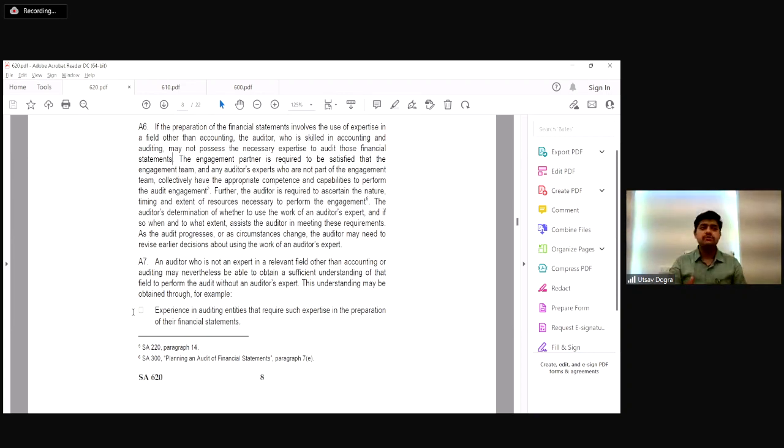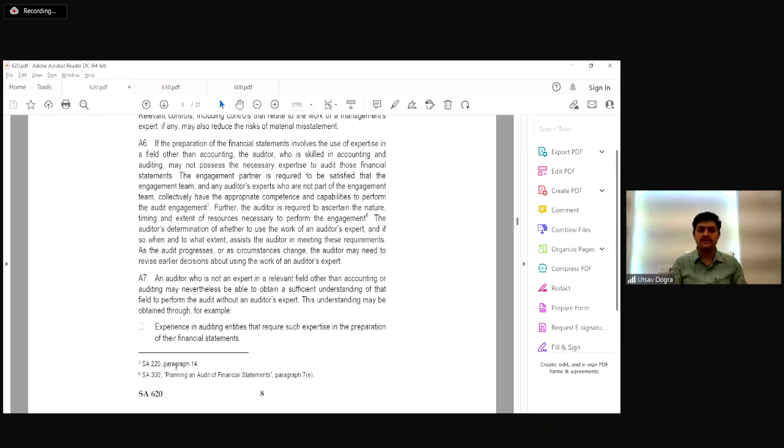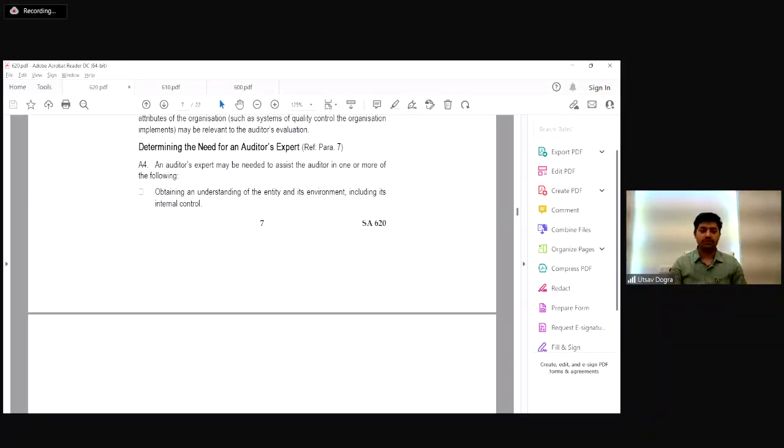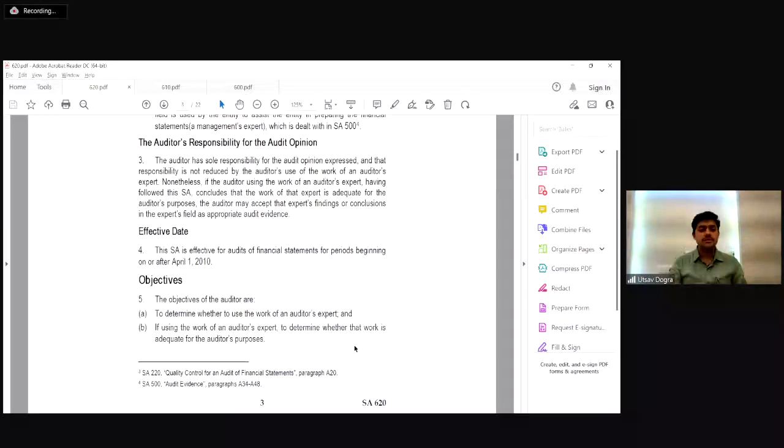He has to follow the complete procedure as per this standard. He has to see how the work has been done, how the assumptions have been taken, and what the professional integrity of the auditor's expert was. Based on that, the auditors can decide whether or not to take the opinion of the auditor's expert. Again, coming back to the essay.